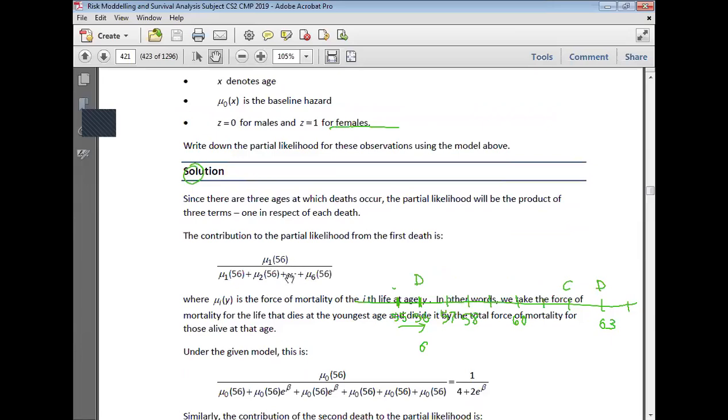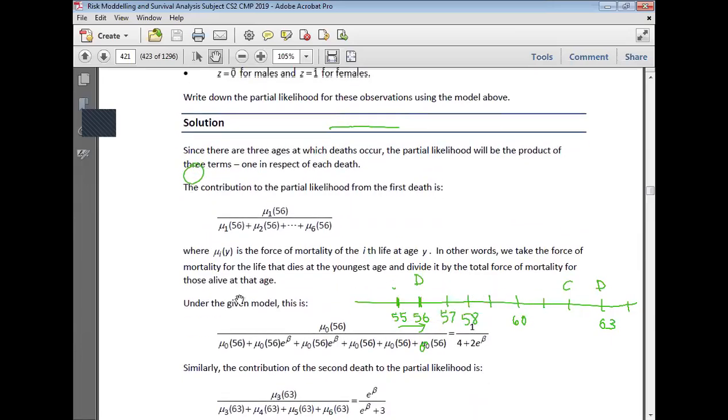And why is that the case? Because I know that I start observing people at 55. So when this particular person died at age 56, I know for sure that the rest of the lives were also aged 56. That is the reason why we have mu_1(56) upon the summation of the respective mu's for the people who were alive at that point in time. Does this make sense to you guys?